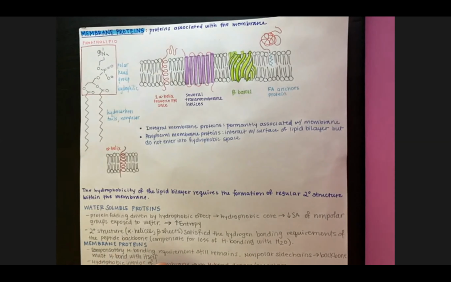Okay, and so when these phospholipids join into the membrane, it's going to make it very difficult for polar molecules to cross the membrane since the interior is all hydrophobic.